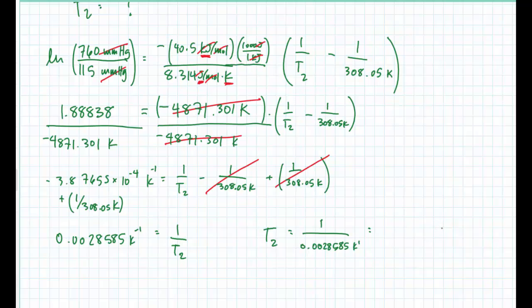It's just temperature in Kelvin. Yeah. Rounding might be a little different. I got 349.8. It's close. And then to get that back into Celsius, I got 76.7.